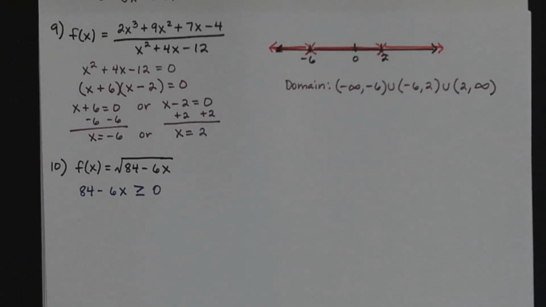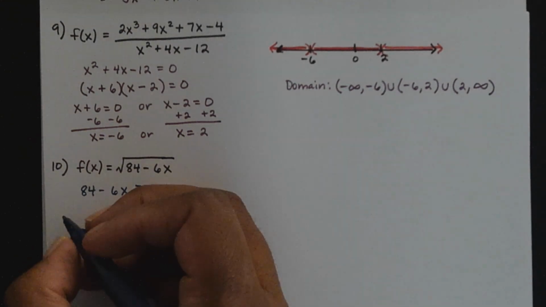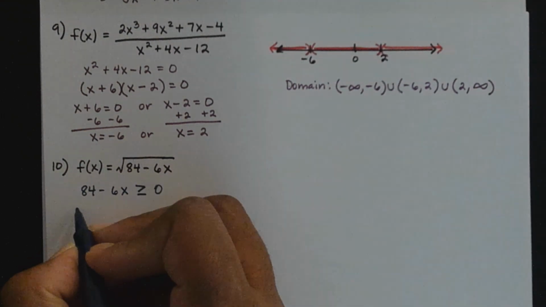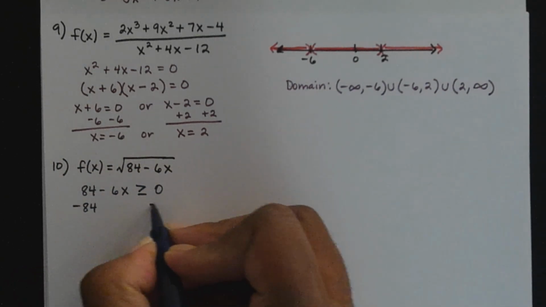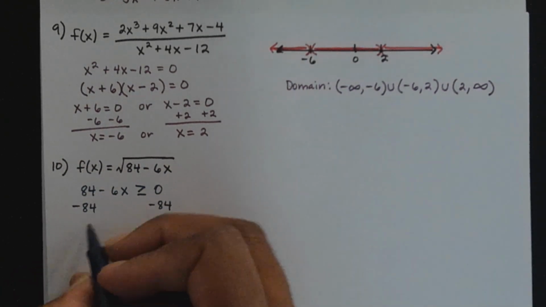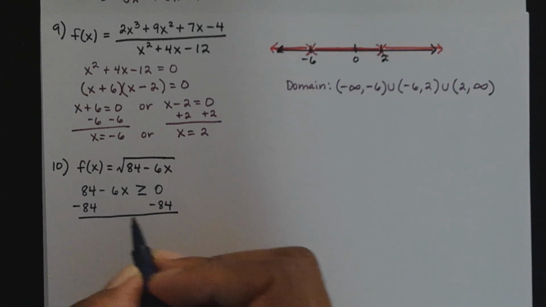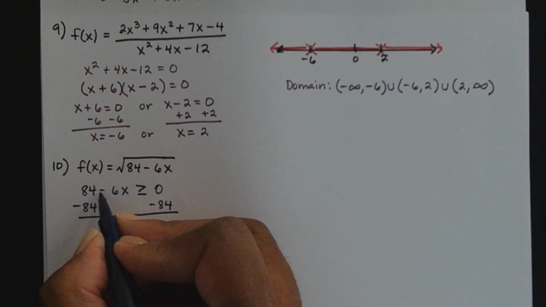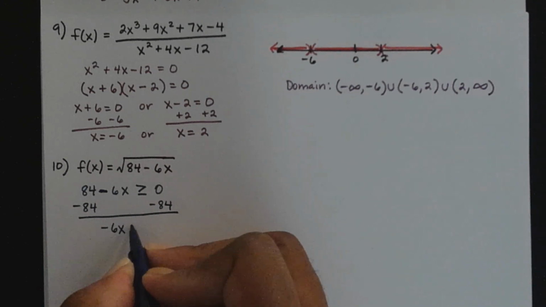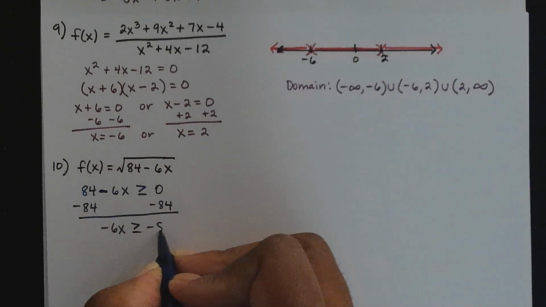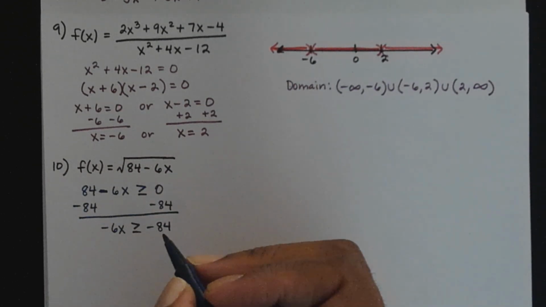Now let's get the x by itself. So how would I do that? How would I get x by itself to begin with? Subtract 84 first. That's the first thing we have to do, subtract 84 on both sides. So now we got negative 6x is greater than or equal to negative 84.